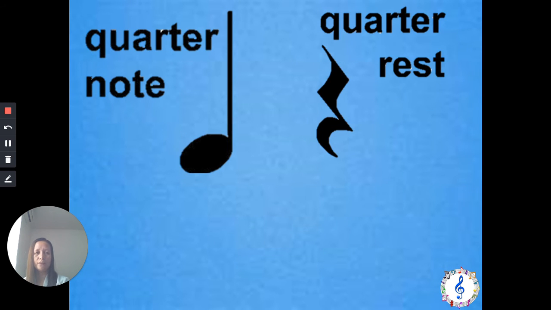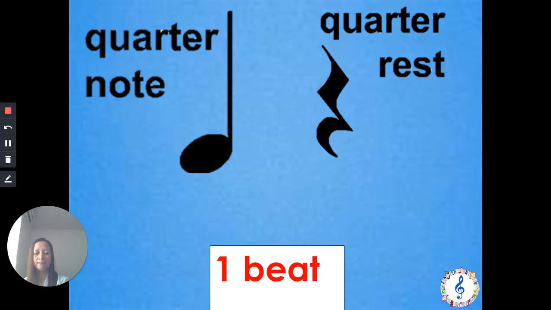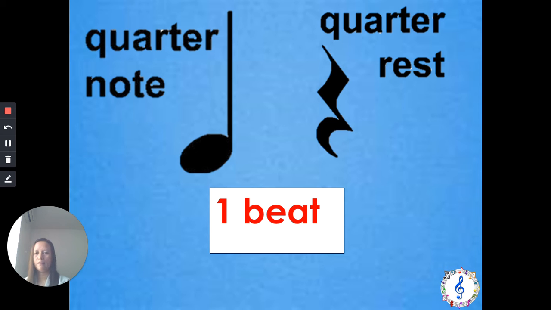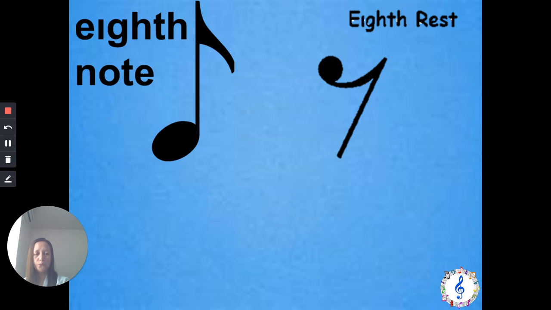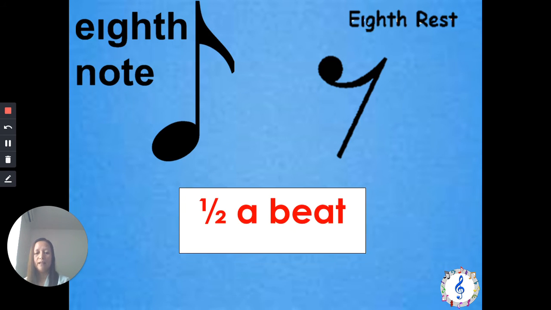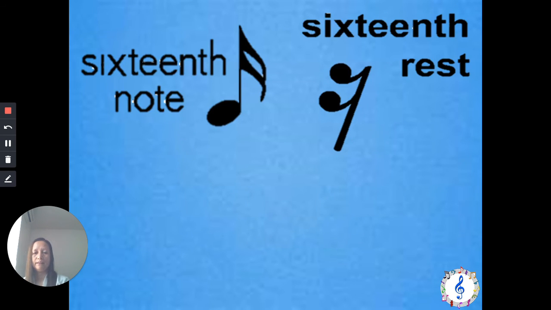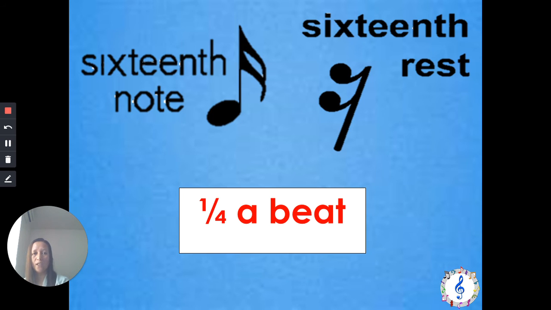Quarter notes and quarter rest has 1 beat. Eighth note and eighth rest has 1/2 a beat. 16th note and 16th rest has 1/4 a beat.